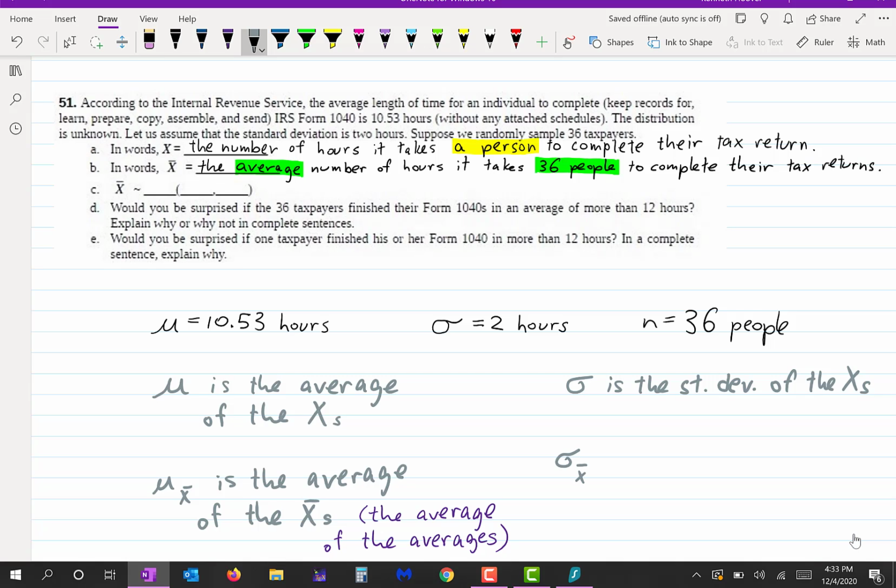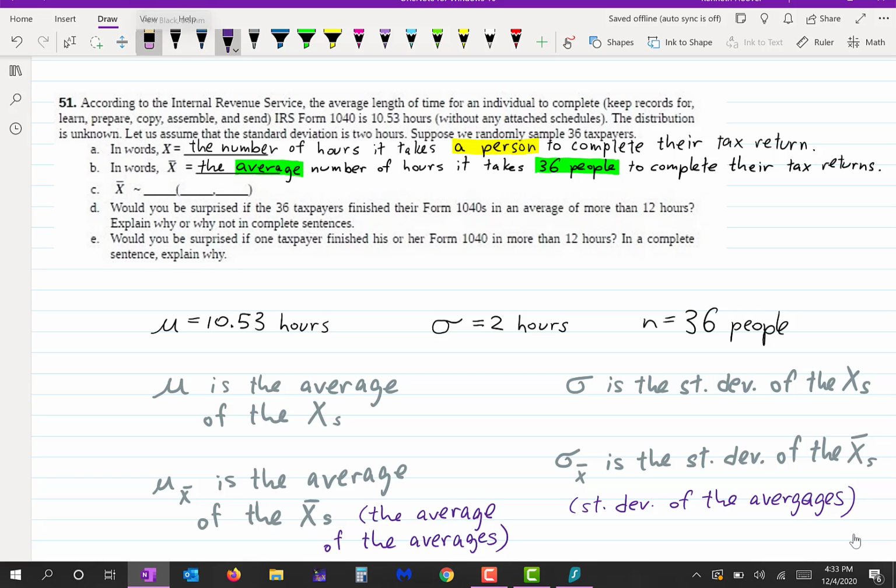Sigma x bar is the standard deviation of the x bars. So that's the standard deviation of the averages. Okay?